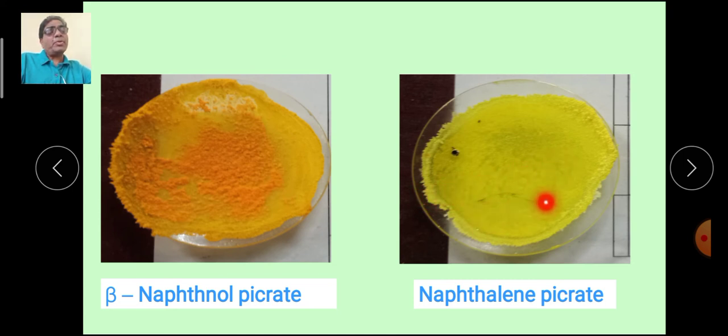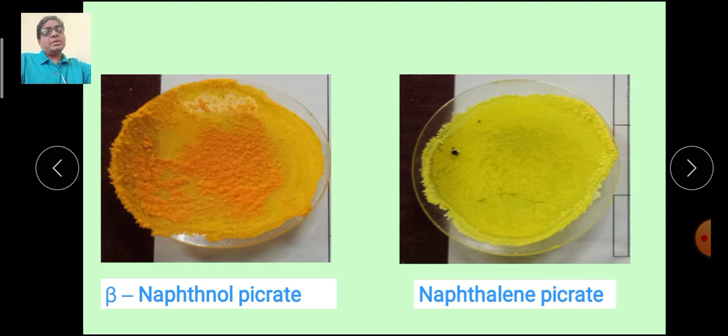Now evaporate the solvent, the picrate will dry, and for melting point, these solids are dried. Collect the compound from the outer side and find out its melting point.